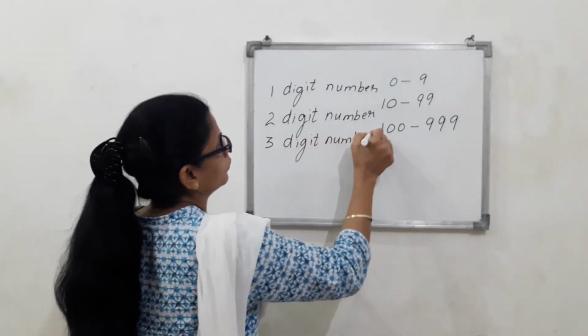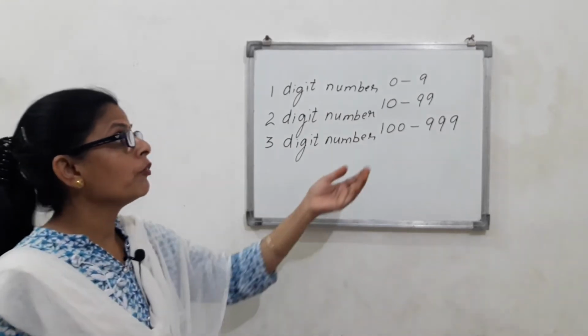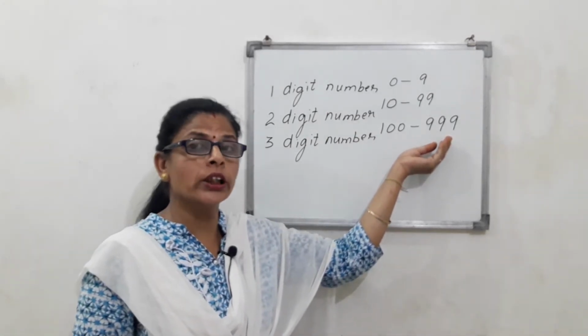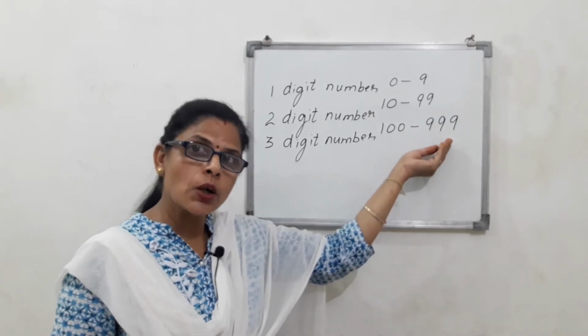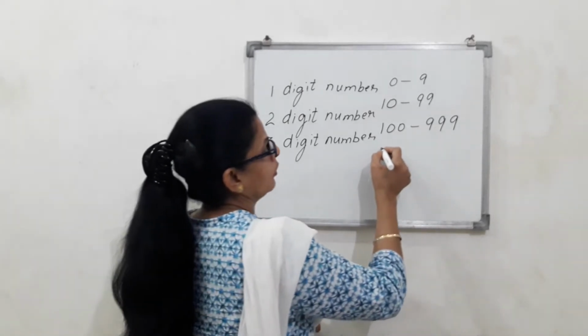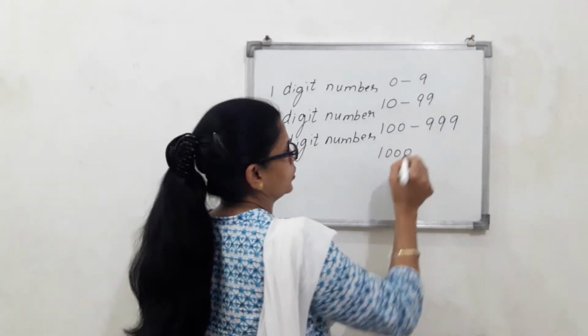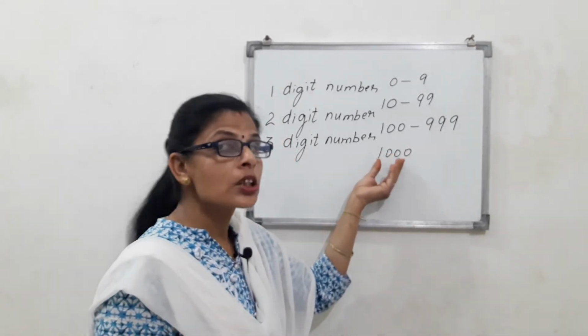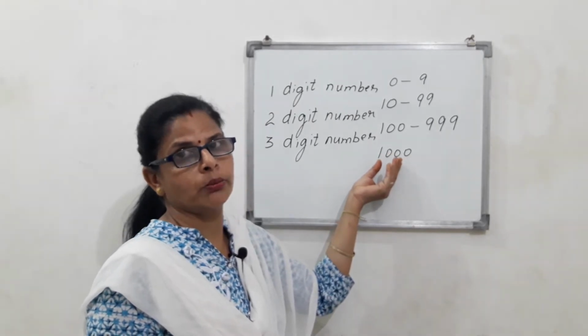Next, if we add 1 to 999, what do we get? We get 1000, which is 1 and 3 zeros. This is the smallest 4-digit number.